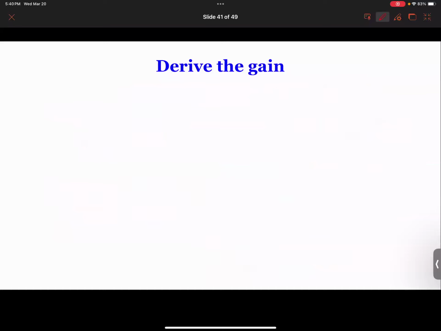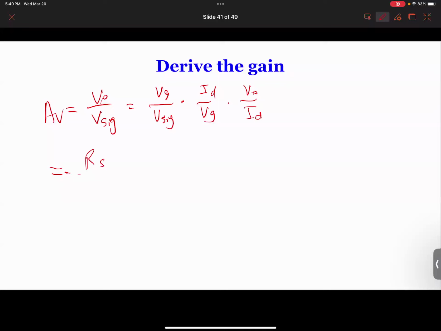But of the 3 gains, really, what we have is AV is VO over VSIG. What we break down is VSIG to VG, VG to ID, and ID to VO. So now we can plug in all these 3 to get what we wanted. Once we plug in these 3, I just recall the equation here. The first one is minus RG over (RG plus RSIG).